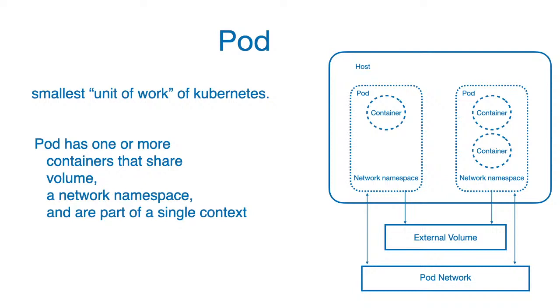It could have a second container, but as a regular practice, whenever you have a second container, it's either a sidecar or an ambassador. We'll cover those in future ones. Right now, our effort is to get your hands dirty with the labs as soon as possible. So we're just giving you an overview.